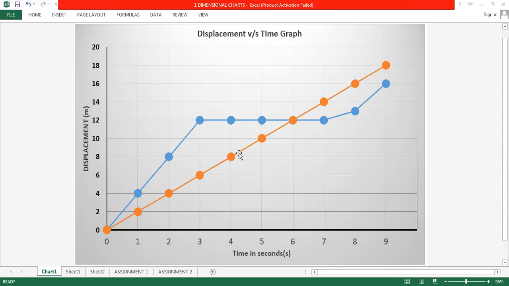Please draw properly because every now and then you are going to look at this graph for answering all the queries. So please draw it properly.